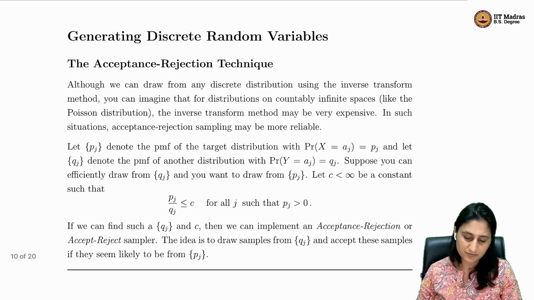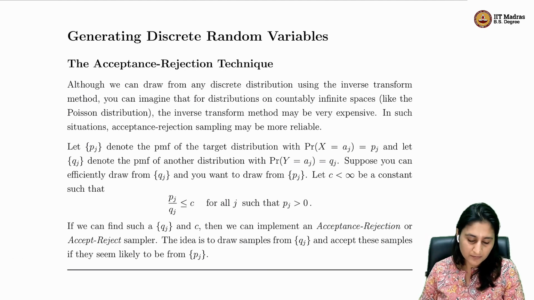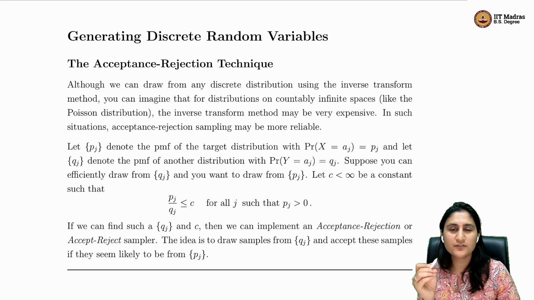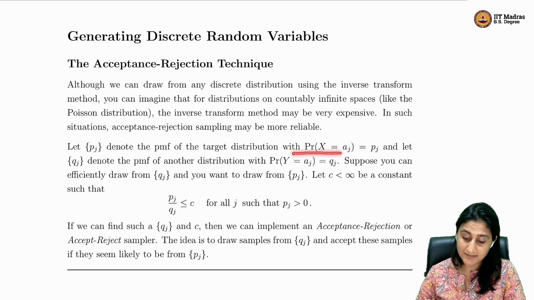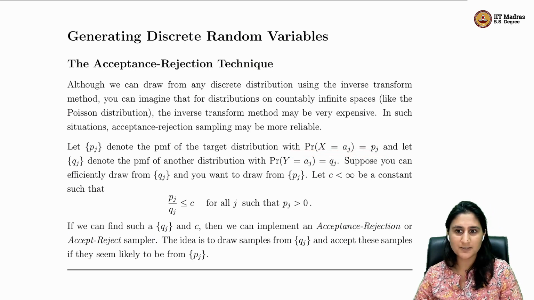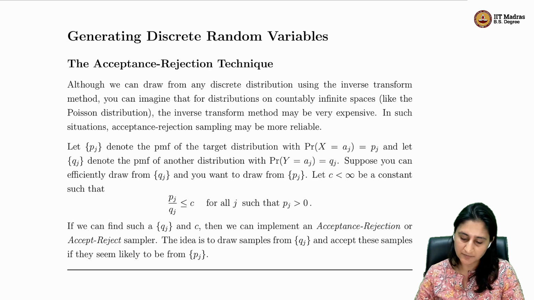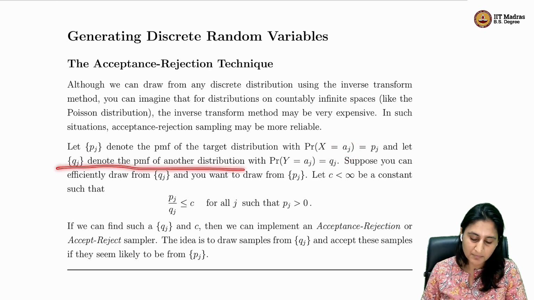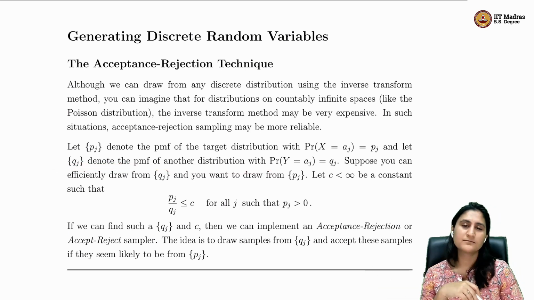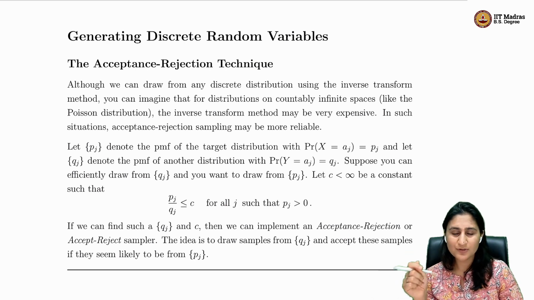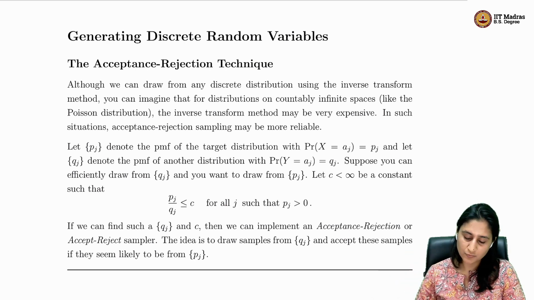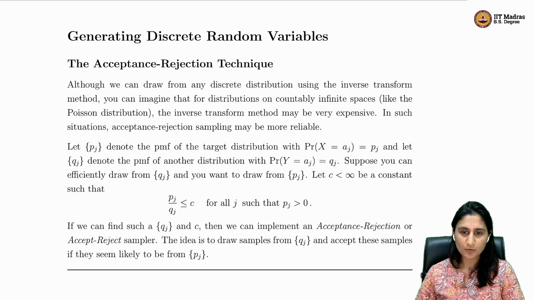So what is acceptance rejection? Consider p_j to denote the PMF of the target distribution, so p_j denotes that the probability X takes the value a_j is p_j. Similarly, for these same values a_j, let q_j denote the PMF of another random variable Y, so the probability that Y is equal to a_j is q_j.